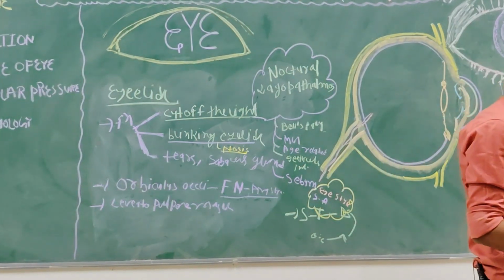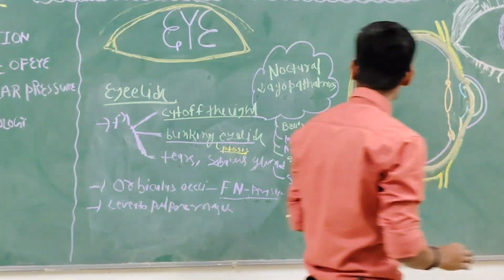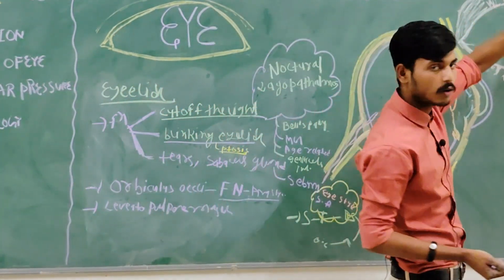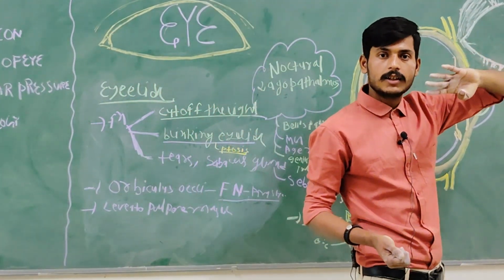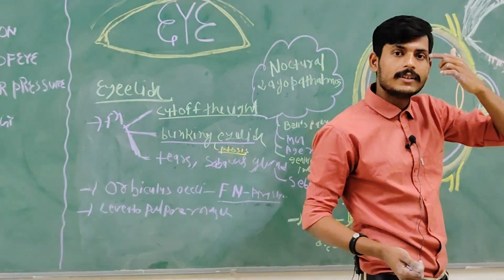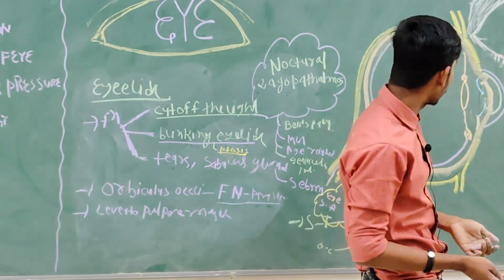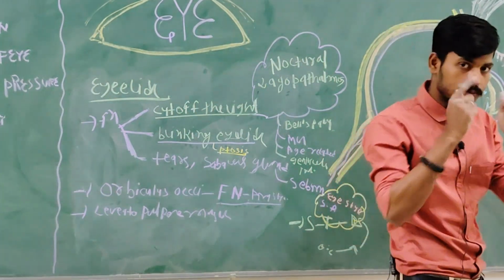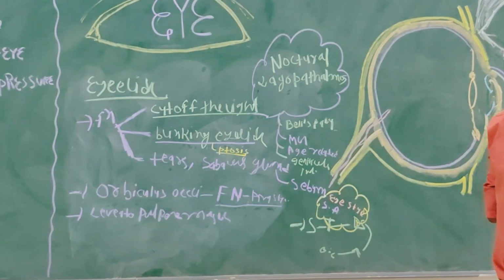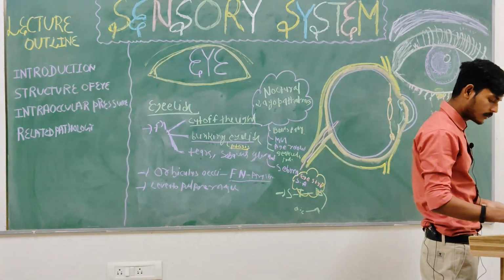And describe the structure of the eye. We already studied the orbital cavity, because they are situated in the orbital cavity, which is formed by bones. The first one is your frontal bone, then zygomatic bone, maxilla bone, sphenoid bone, ethmoid bone, and lacrimal bone also. They form basically the eye cavity, or we can say the eye socket. Understood? No problem.